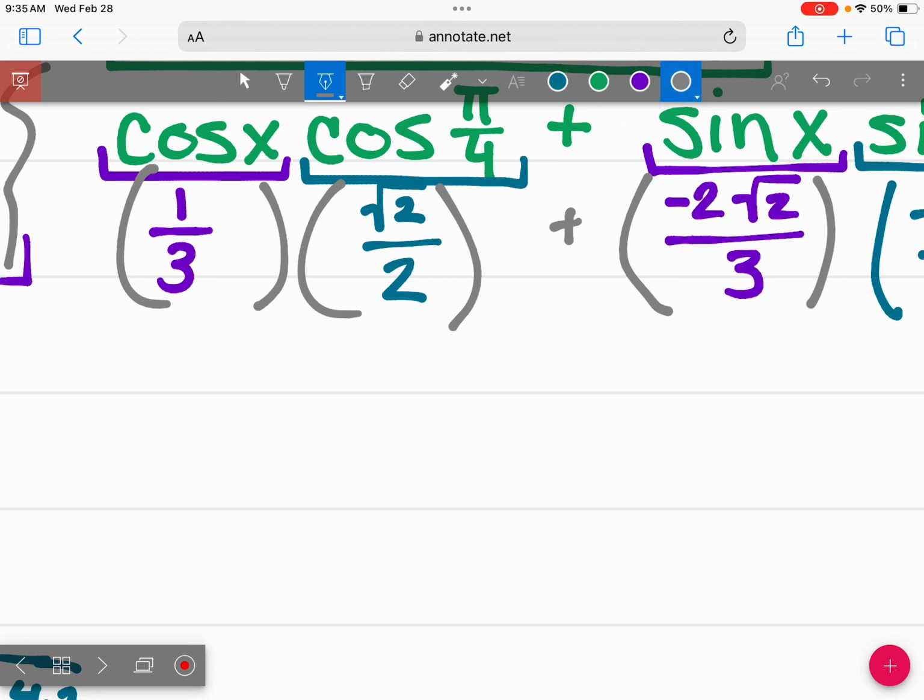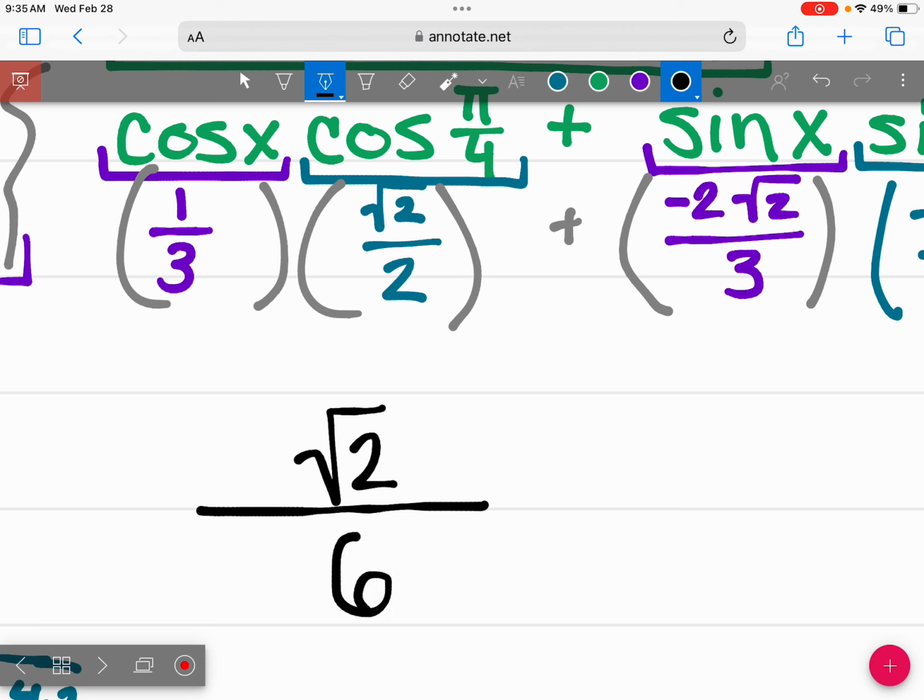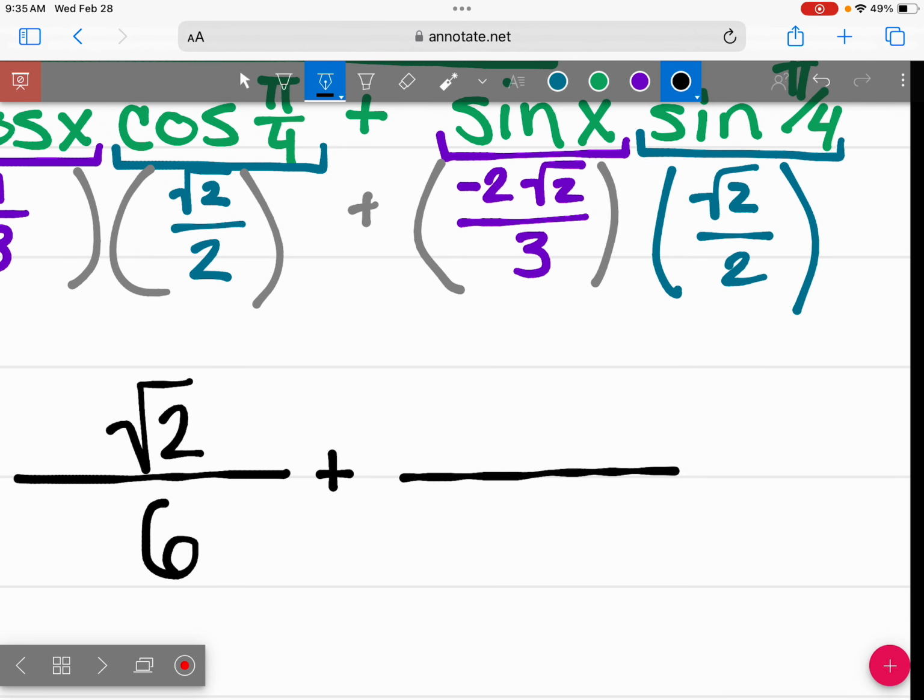So we're going to simplify each of these multiplications first. So 1 times square root of 2 is square root of 2 over 3 times 2, which is 6. And we're adding that to negative 2 square root of 2 times the square root of 2. What do we get as a numerator over here? Negative 4.